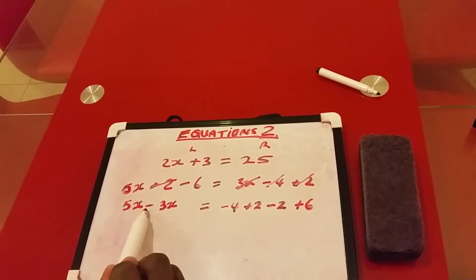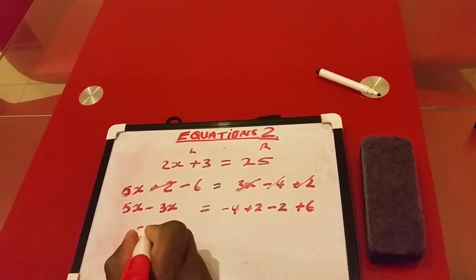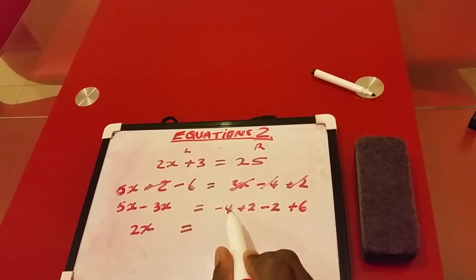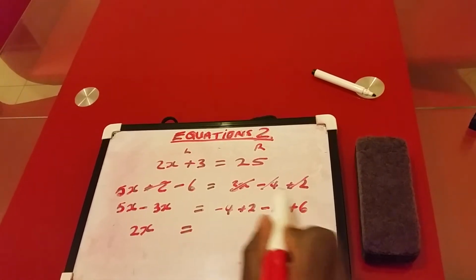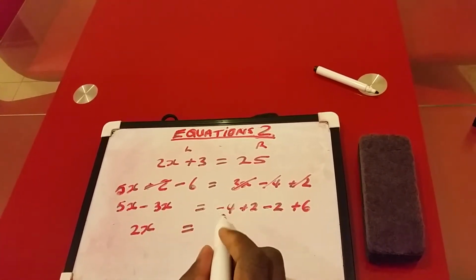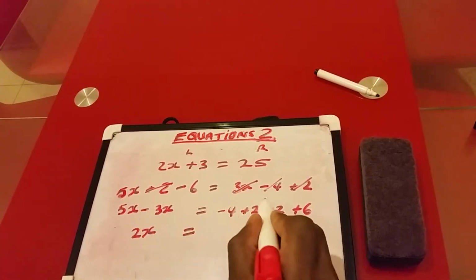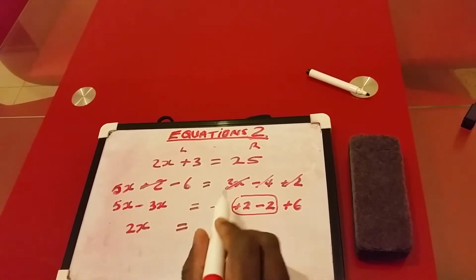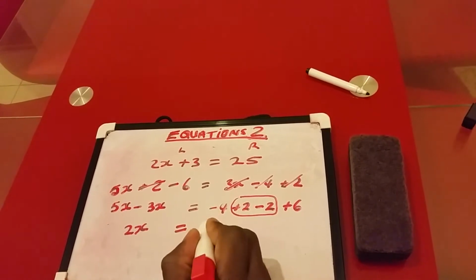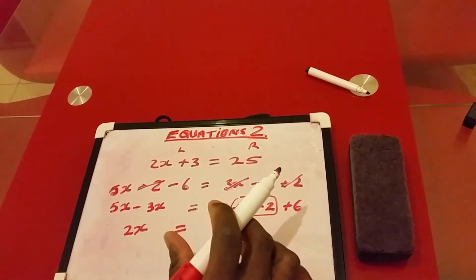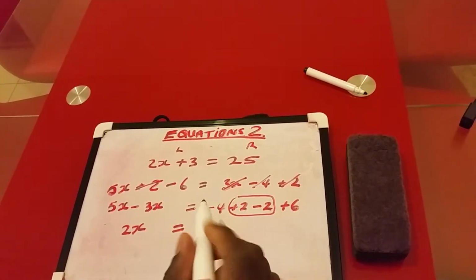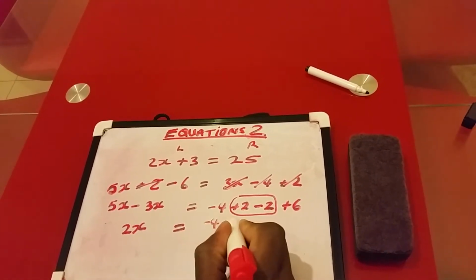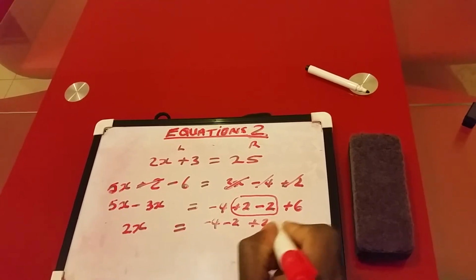Now we've got 5x take away 3x, which leaves 2x equal to, now this sometimes looks a bit confusing. The easiest thing to do is to make it simple. You could see that these two will cancel, so I could do that straight away. But if you want it to look easy, you could rearrange it with the negatives together and the positives together: minus 4 minus 2 plus 2 plus 6.